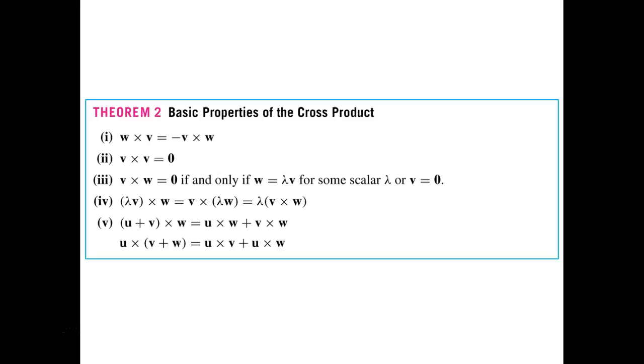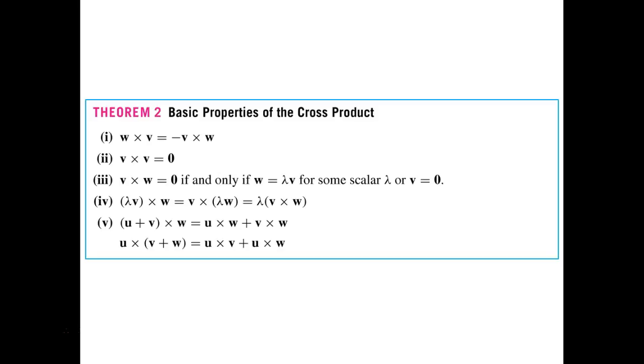The fifth of these is another sort of distributive law that the sum of two vectors crossed with a vector, W, is going to be the first cross W plus the second cross W. In other words, vector addition distributes over cross product multiplication. Okay? Or you can have vector U cross with the vector addition of V and W. It just changed the order here. That means U cross V plus U cross W. Okay?